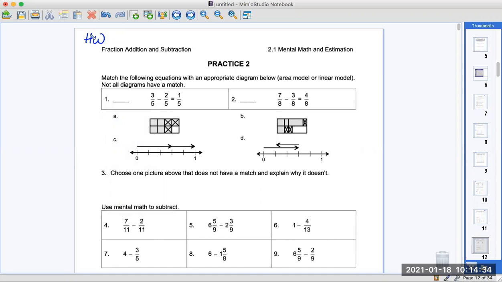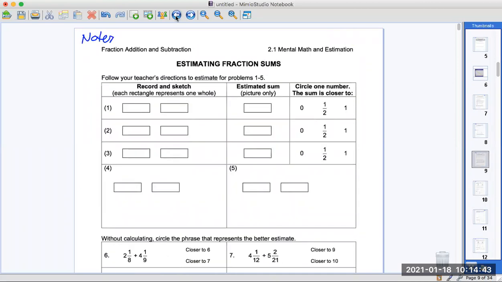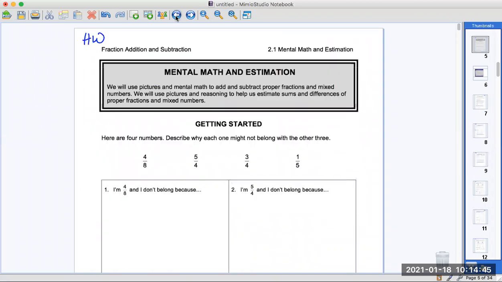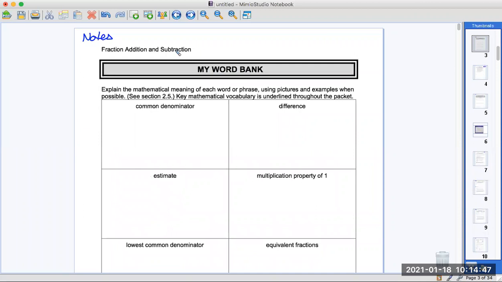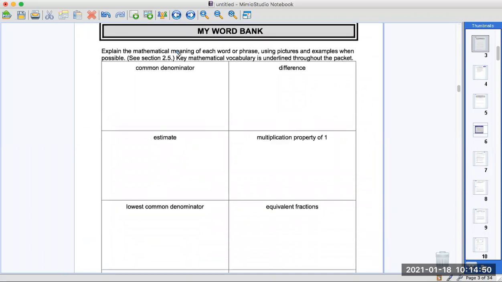Okay, so let's go back to the very first page, note bank or word bank. So again, all those words are in the back of the book for you to look up if you need to. Common denominator. A common denominator is, remember the denominator is always the bottom of the fraction.